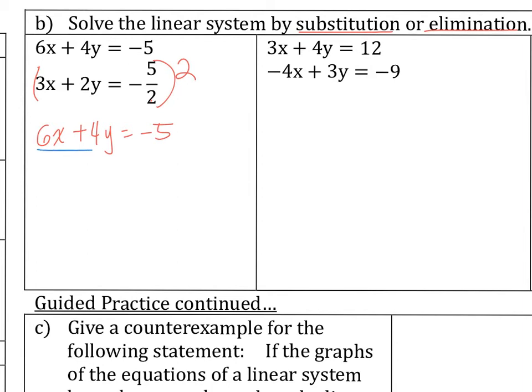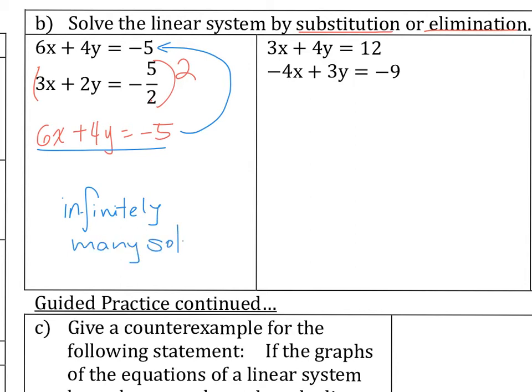This equation happens to be the same exact equation as the first one. So I can immediately say that this system has infinitely many solutions because it's the same exact lines.